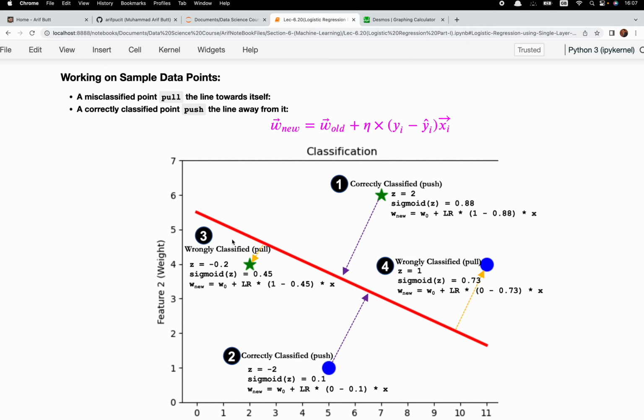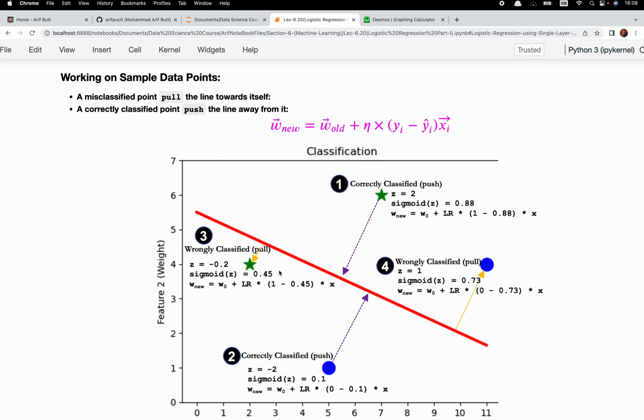Now consider this point 3, which is wrongly classified, having a z value of let's say -0.2 and a sigmoid or y hat of 0.45. So y minus y hat becomes positive 0.55.